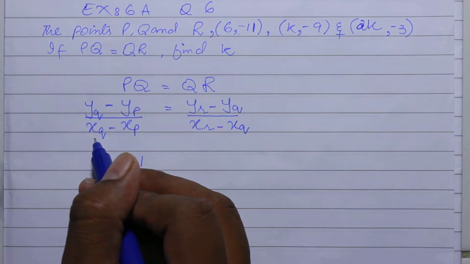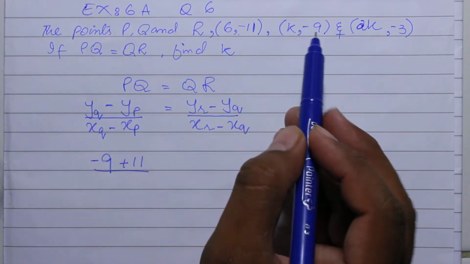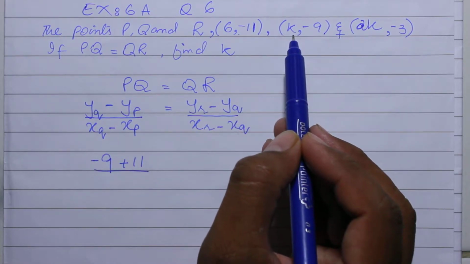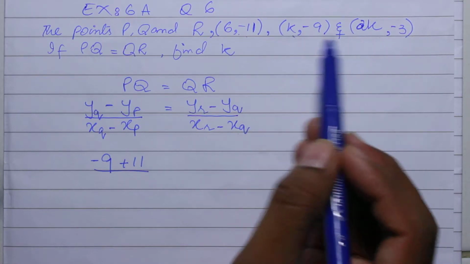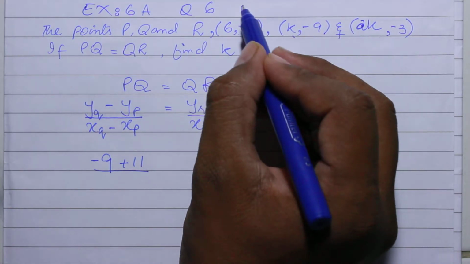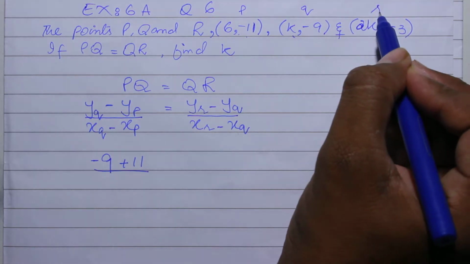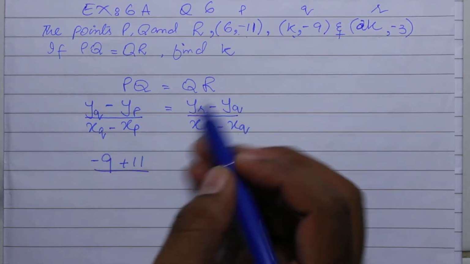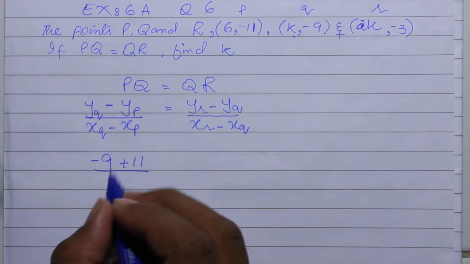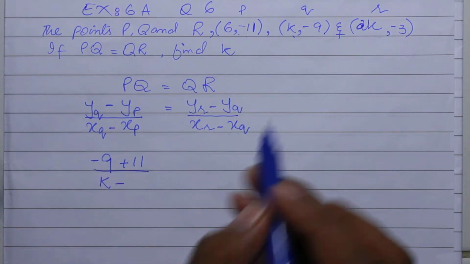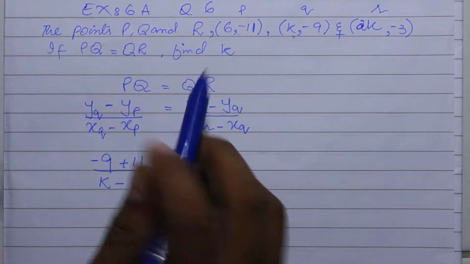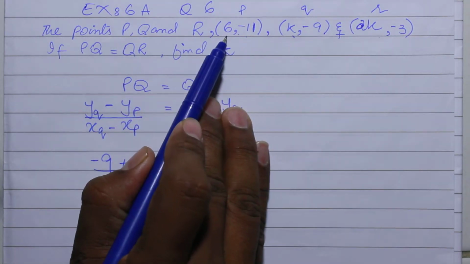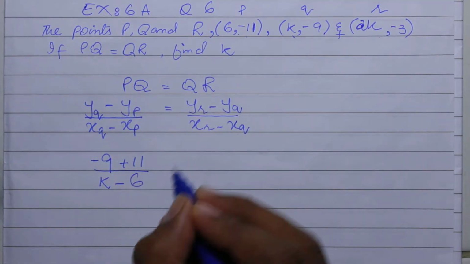In the denominator, the x coordinate of Q is k, minus the x coordinate of P, which is 6.